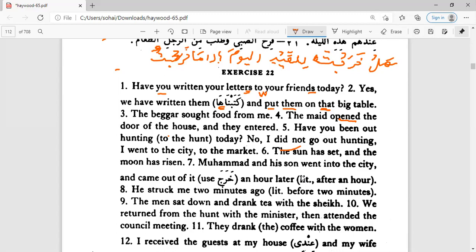So that's kharajta for you went out, kharajtu for I went out. This is something we need to know. No, I did not go out. So la ma kharajtu, did not go out hunting. Again, how do you say for hunting?